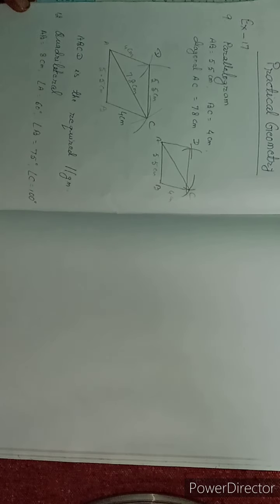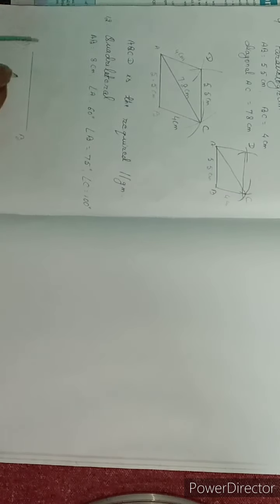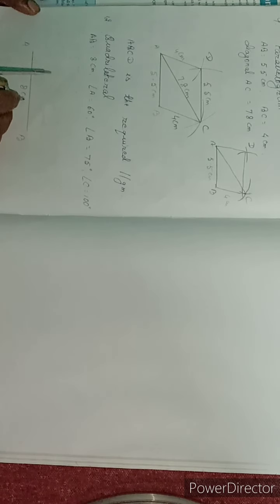In question number 12, we are asked to construct one quadrilateral ABCD in which AB equal to 8 centimeter, angle A equal to 60 degree, angle B equal to 75 degree, and angle C equal to 100 degree. For this construction, first of all we draw a baseline of 8 centimeter, and we name this baseline AB, and write the measurement also, that is 8 centimeter.